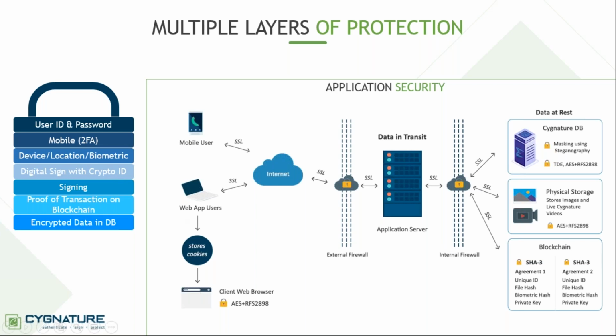Plus all the information that gets passed from the device through the firewall to the signature cloud goes through a secure session. So it's a very secure application, and companies don't need to worry about the confidentiality of the documents while using Cygnature.